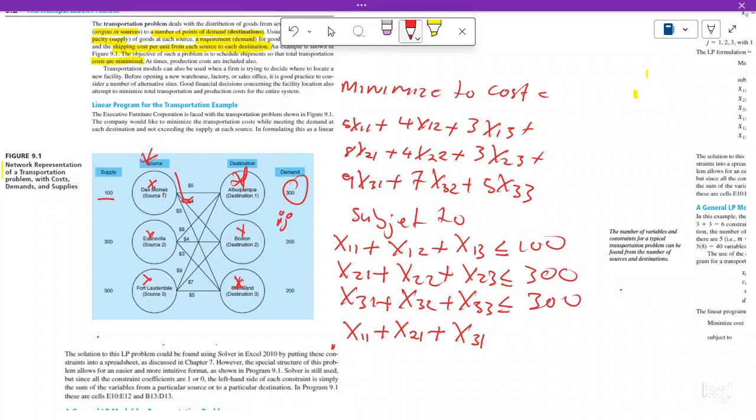He wants to receive a demand of 300. You understand? Exactly 300. You cannot say less or equals to because it is the sum of them. Greater or equals to, you can't say that. You must say equals to 300. So this destination has received precisely 300 products from 3 different suppliers or sources.